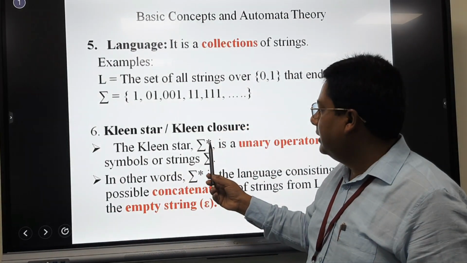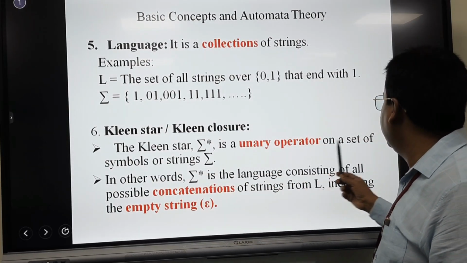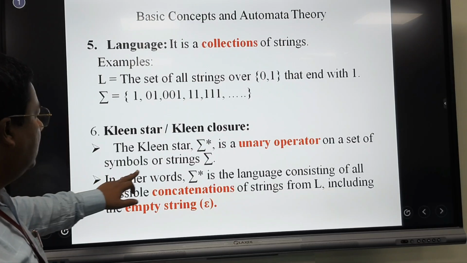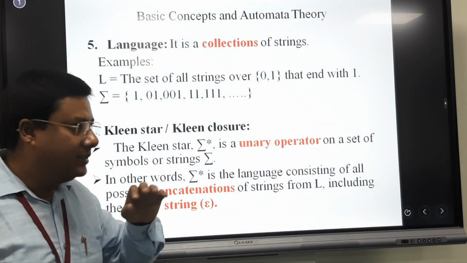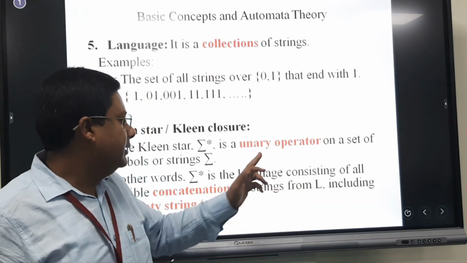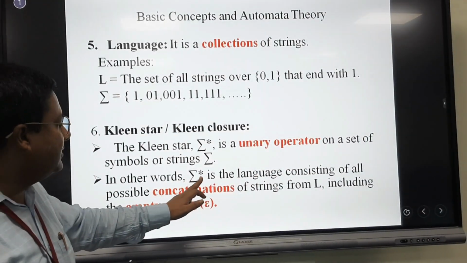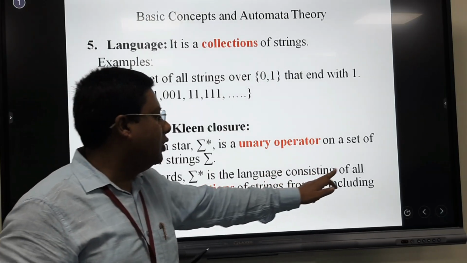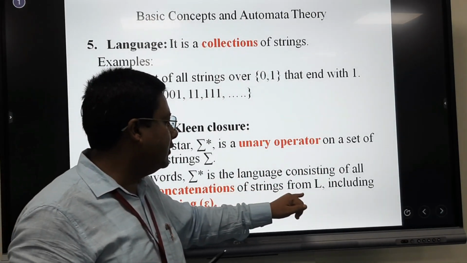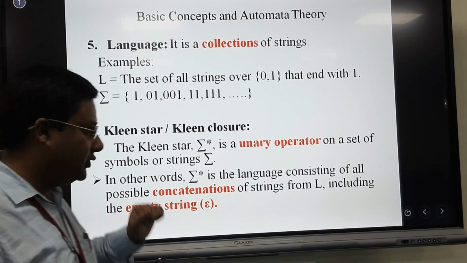Kleene star is a unary operator on a set of symbols or strings over sigma. This is generated by the unary operator. In other words, sigma star is the language consisting of all possible concatenations of the strings from L, including the empty string.